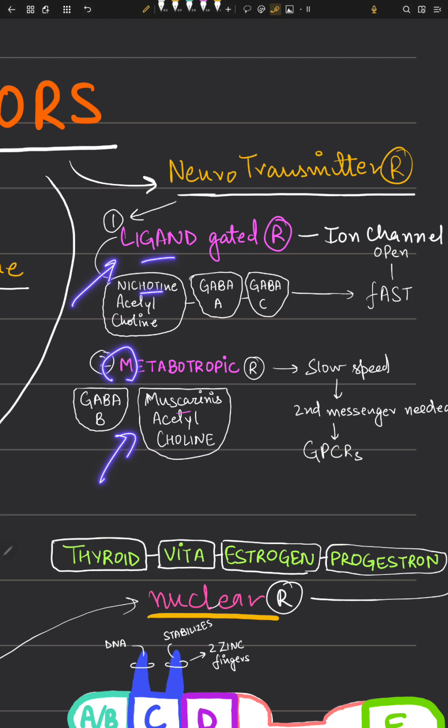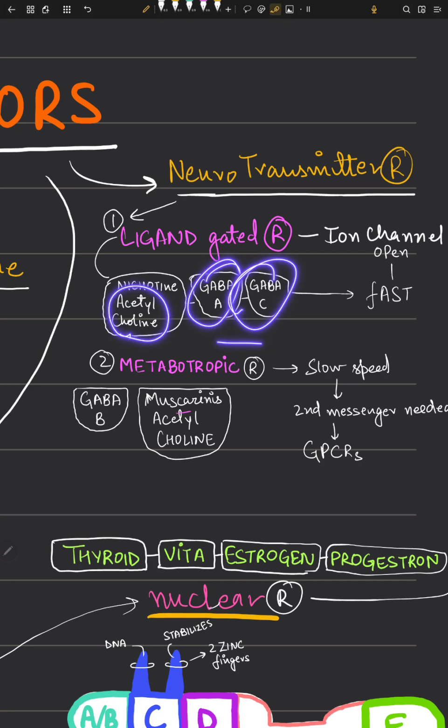M for muscarinic, M for metabotropic. Nicotinic acetylcholine here as well. GABA A, GABA C. They are fast because AC is fast. You must have fast AC. If you have a slow AC, you will die of hot weather.